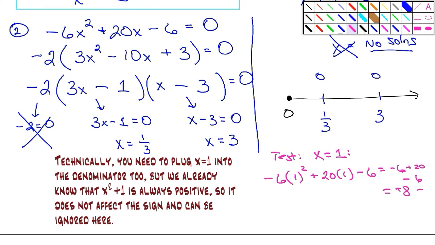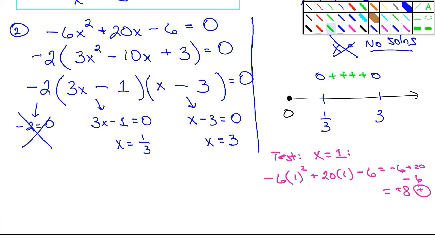So it is plus right here. So we have pluses where x would be equal to 1, which is between 1/3 and 3. The multiplicity of each of these was 1. That's odd, so it changes every time you cross over one of those numbers. So when we cross over 1/3, it changes to a negative, and when we cross over 3, it changes to a negative as well.